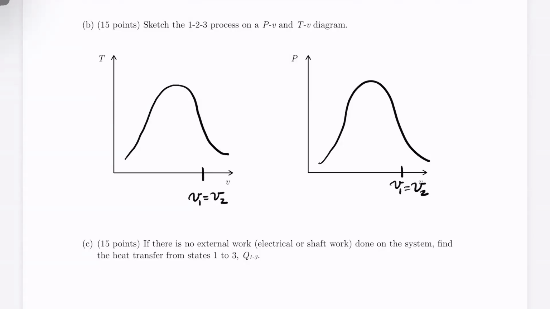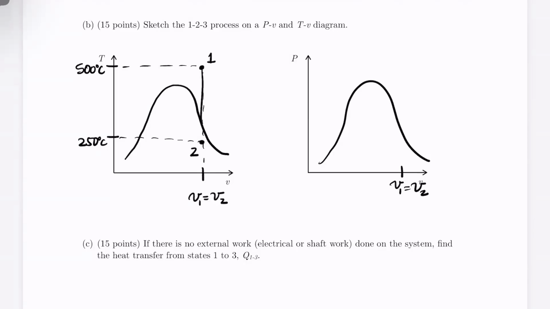So for temperature, our temperature at state 1 was 500 degrees C. And then our temperature at 2 and 3 was 250, right? So here's state 1. And then here's state 2.